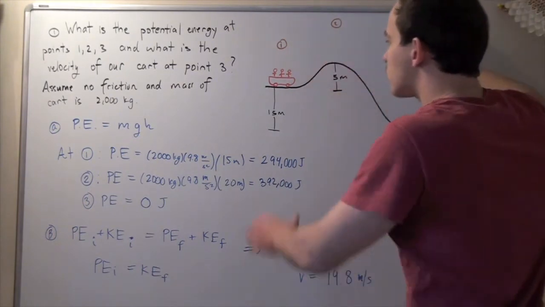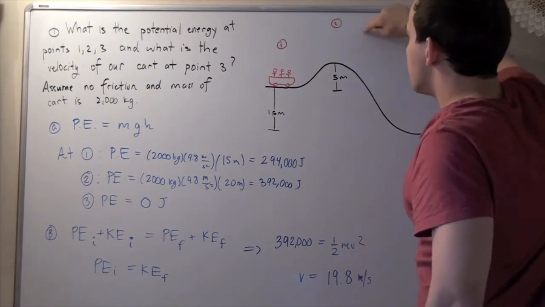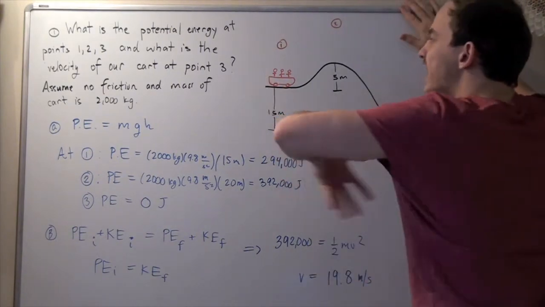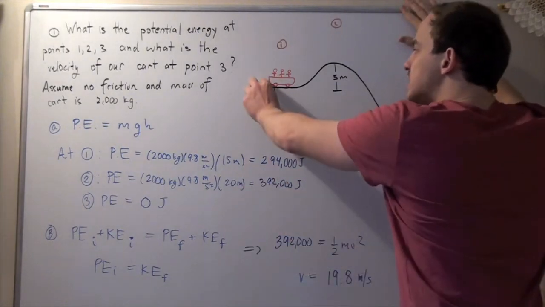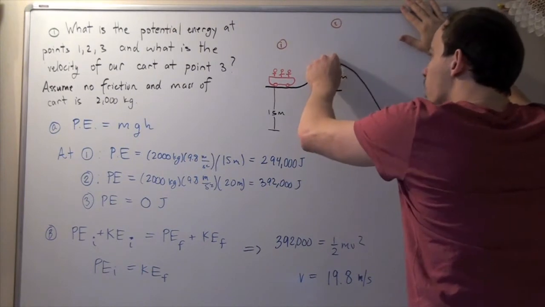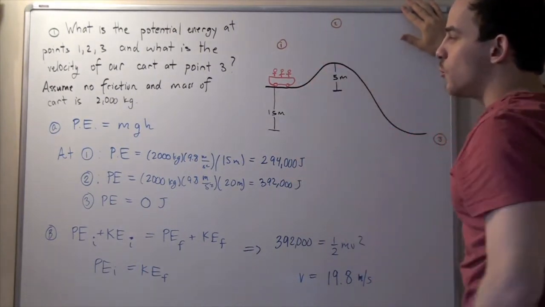Now at point 2 our car goes 5 more meters up, and we're making the assumption that at this point we have a velocity of 0. So at this point we had some velocity because this car needed to rise 5 more meters. And at this point our car begins to drop, so the velocity here we're going to assume is 0.